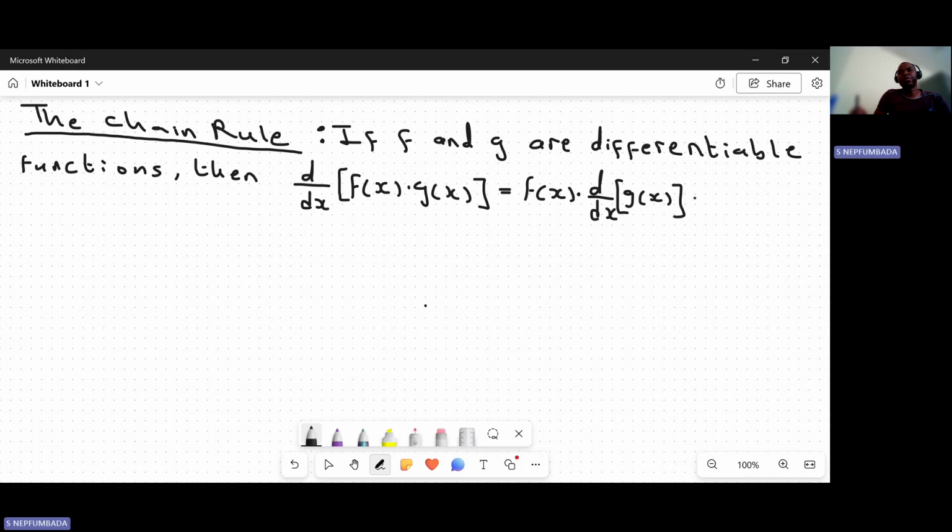g at x, plus, then you copy the second one and multiply by the derivative of the first one, which is f prime at x.